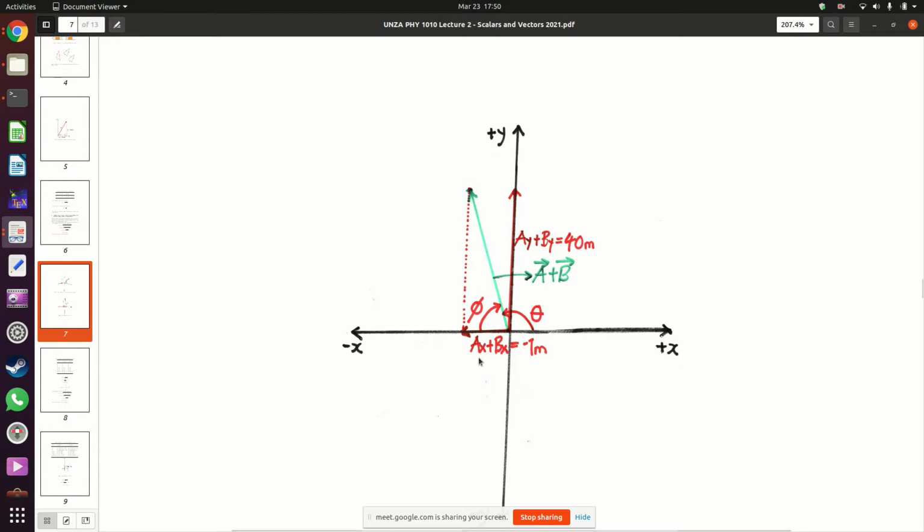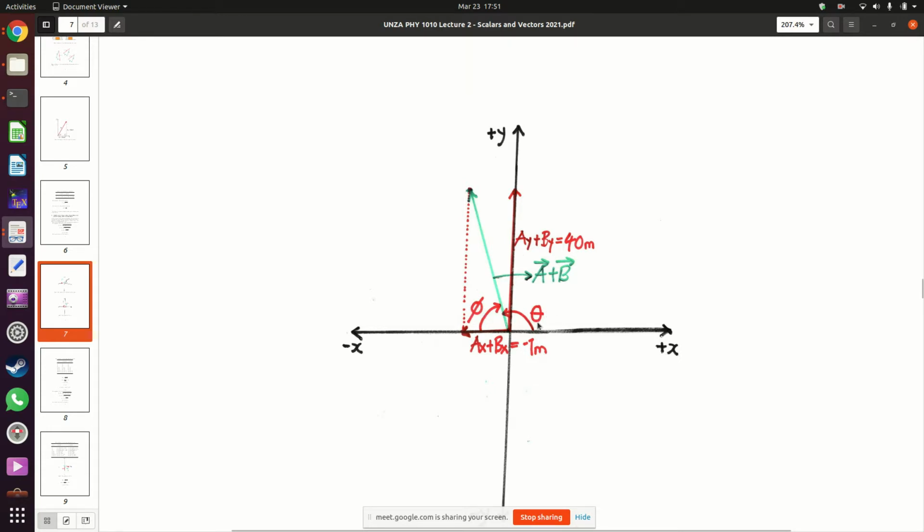So if we have a triangle like this, using that tan formula, the tan of the y component divided by the x component, what we are going to work out is this angle inside the triangle. Once we find the angle inside the triangle, we can use it to find theta, because these two angles are related.